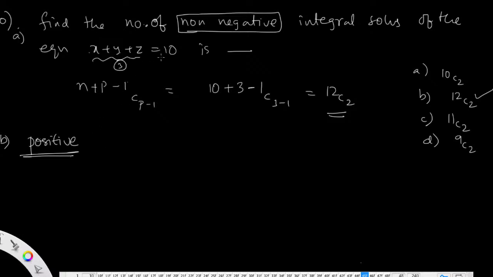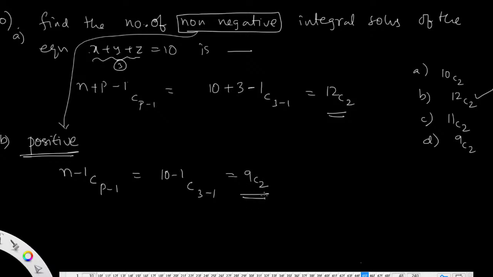Next, if positive is given, then 0 is not included, so the formula is n minus 1 C p minus 1, that is 10 minus 1 C 3 minus 1, that goes to 9C2.